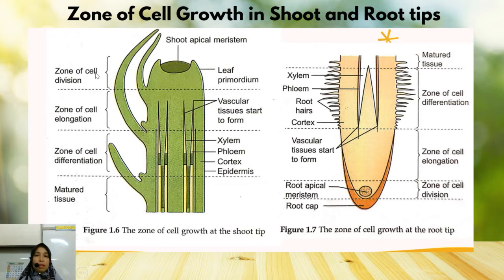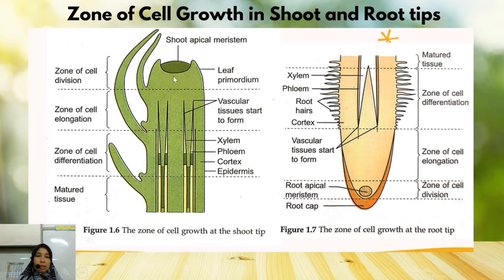We take a look at the shoot first. The tips of the shoot consist of three zones. Before that, you have to know the location of the shoot apical meristem at the tips.